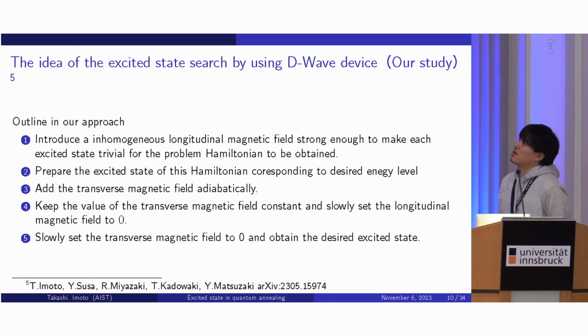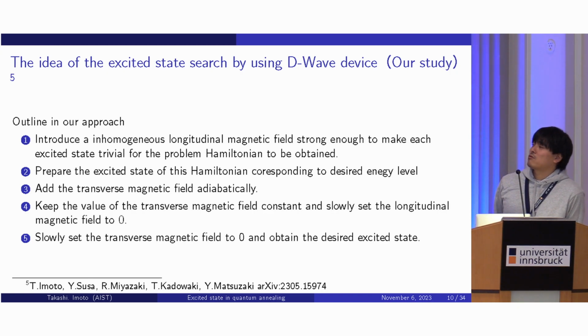So first, introduce an inhomogeneous longitudinal magnetic field strong enough to make each excited state trivial for the problem Hamiltonian to be obtained. Next, we prepare the excited state of this Hamiltonian corresponding to the desired energy level. Next, we add the transverse magnetic field adiabatically, so it means slowly.